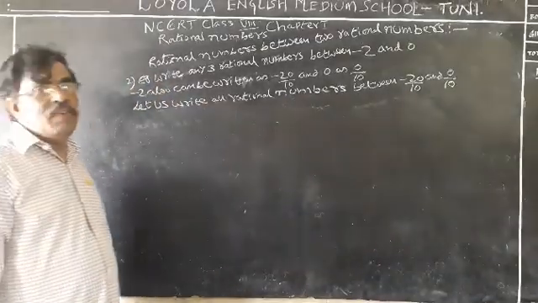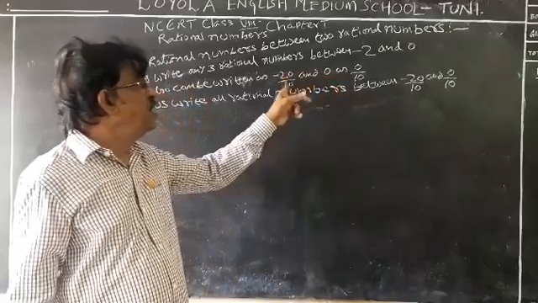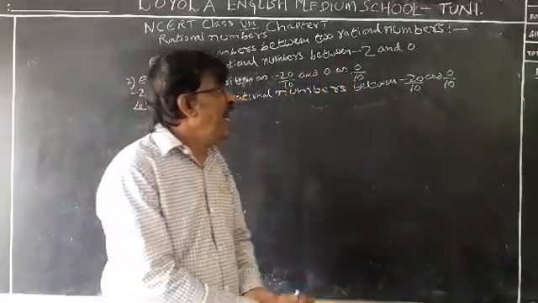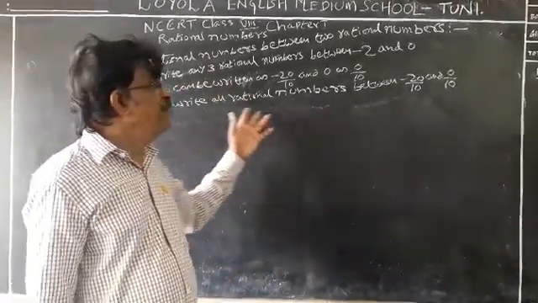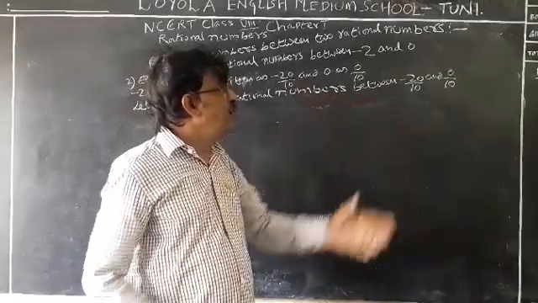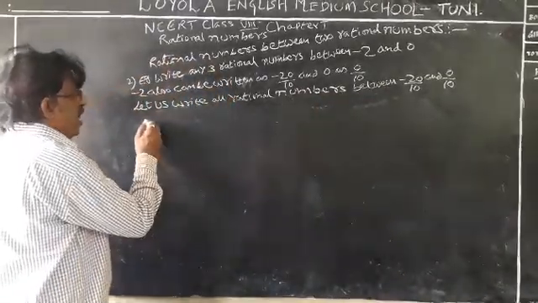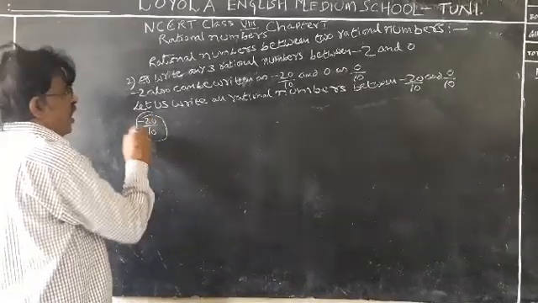You know, isn't it, all of you? -2 also can be written as -20 by 10, and 0 as 0 by 10. If you write them as like fractions, it is easy to write the rational numbers between them. Between -20 by 10 and 0 by 10, we know all of you.